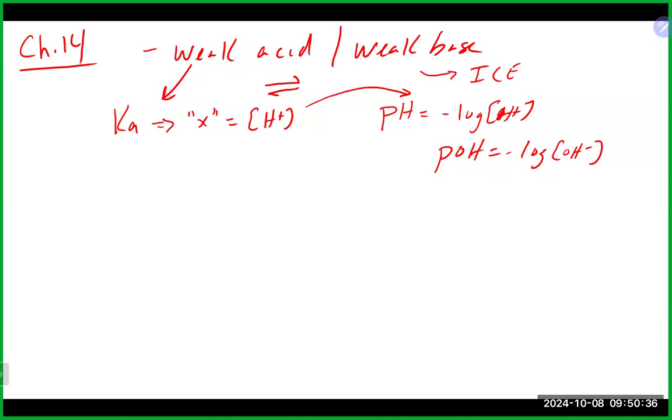You should remember as well that when you do a weak base problem, we want to make sure we use our Kb value. And that will get us an X value that will equal not the H plus concentration, but the OH minus concentration, which means you probably need to go to your pOH first and then use probably the easiest move, the relationship 14 minus the pOH, to get to your pH.